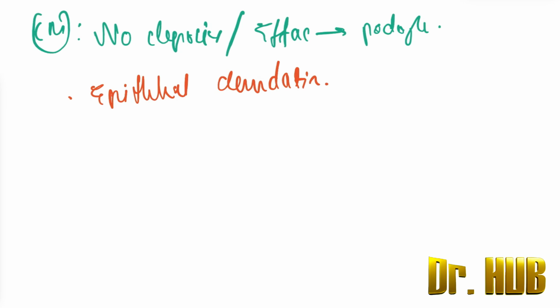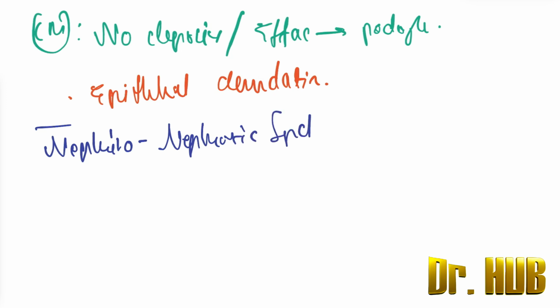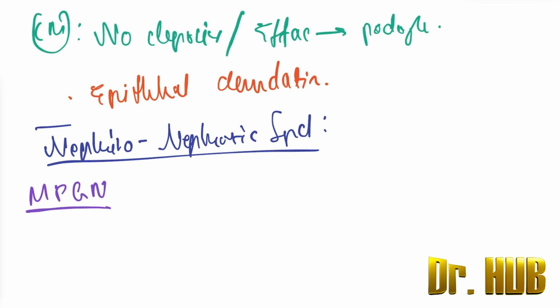Next we move on to the nephritic-nephrotic syndrome. In the nephritic-nephrotic syndrome, let's look at the membranoproliferative glomerulonephritis, MPGN, type 1.